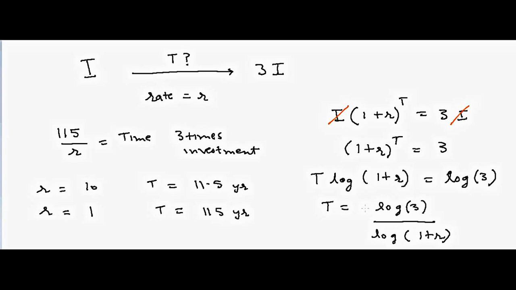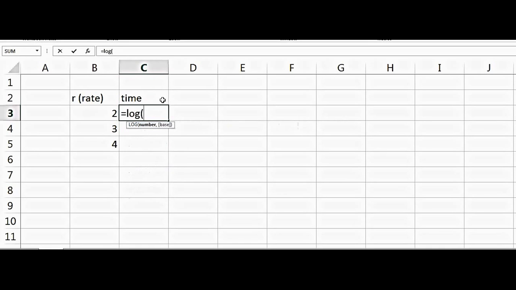If I go to Excel, suppose r is my rate, and the rate varies from 2, 3, 4, and our time will be equal to log of 3 divided by log of (1 plus rate). So this should be our time.